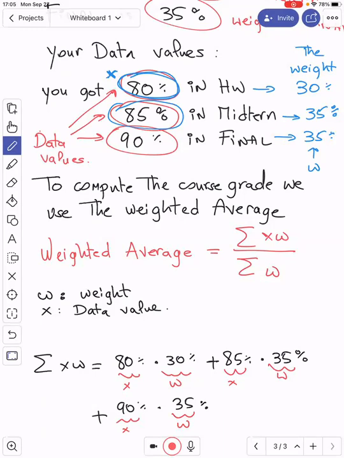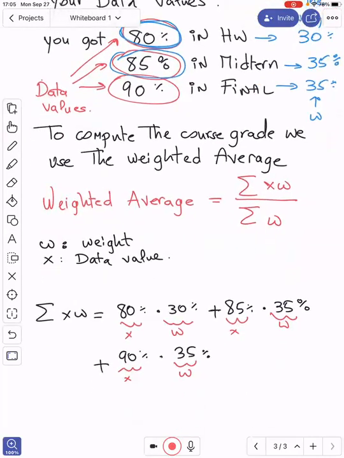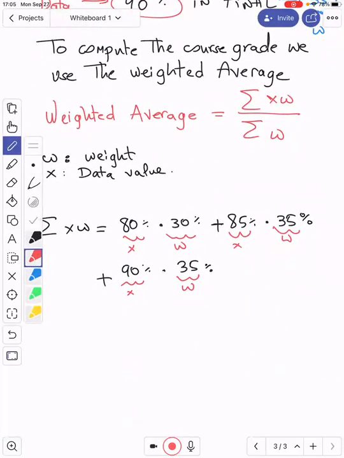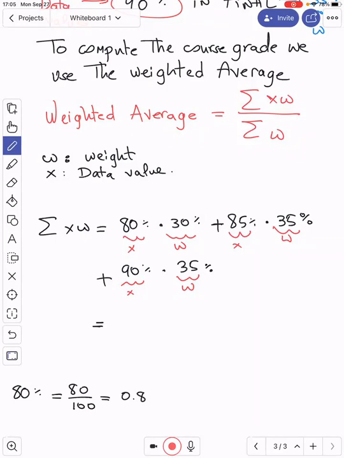Now all you have to do, of course, is just compute this. This would be, as I said, 80%. You can write it as 80 over 100 if you want to use fractions, but in this case it's better just to use decimals.